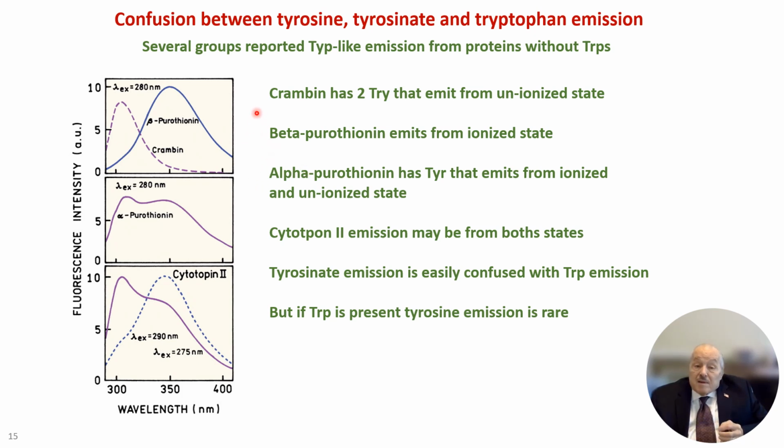But it turned out that these proteins, where you would almost swear it looks like a tryptophan emission, turned out to be tyrosinate emission, that is emission from the ionized tyrosine. Sometimes there's a mixed emission from unionized and ionized, and the same thing with this protein here. But this was just a mix-up which is not being debated any longer, but it was a concern in some of the earlier studies.